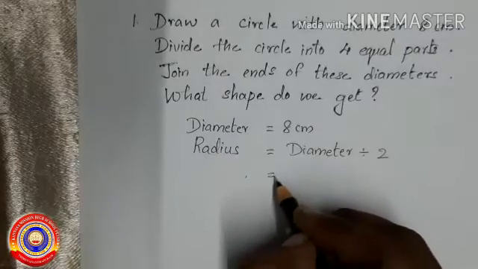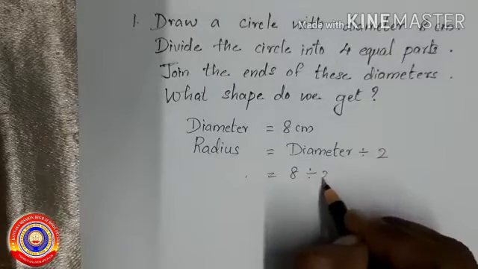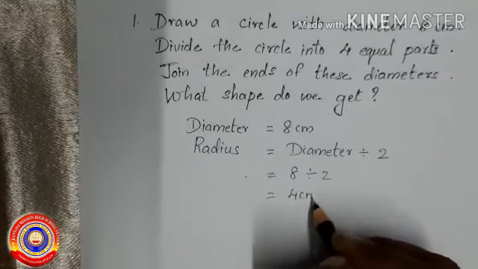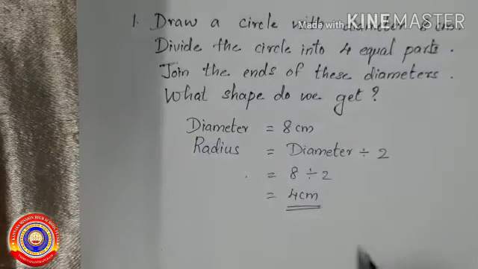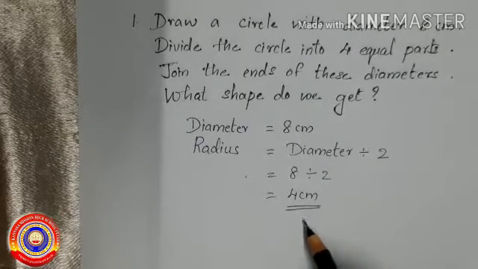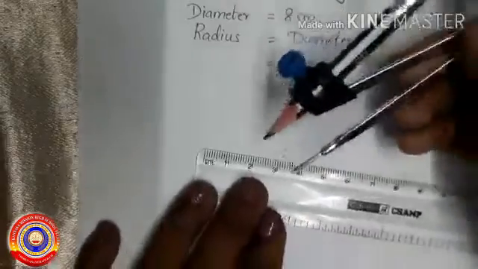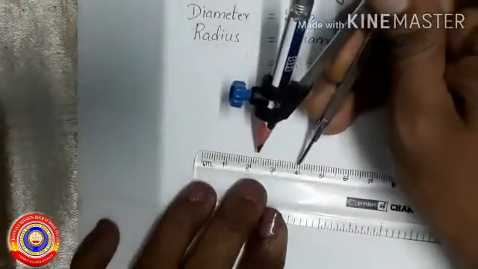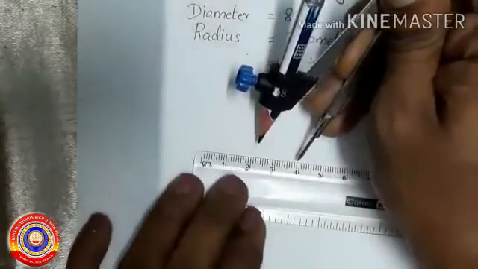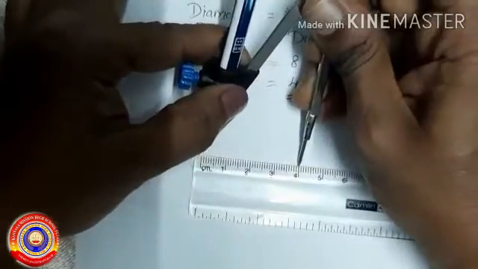Here, 8 cm divided by 2 is equal to 4 cm. Now, we have to draw a circle using this radius 4 cm. Take 4 cm in the compass and draw a circle.